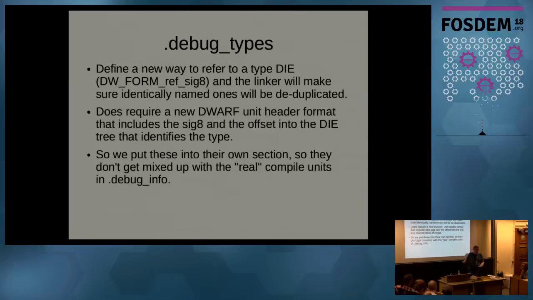The problem is that it does need a new DWARF unit header, so you couldn't easily combine them, and for that reason and others, they were put in a different section.